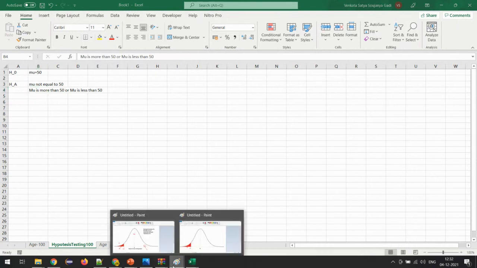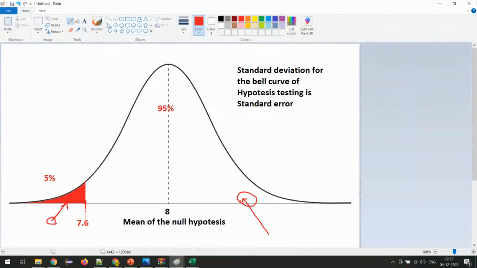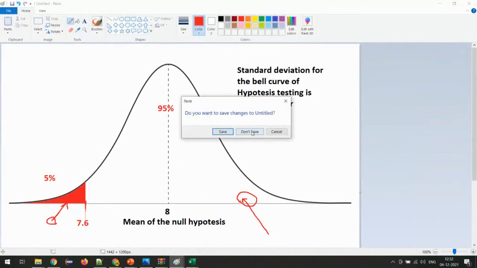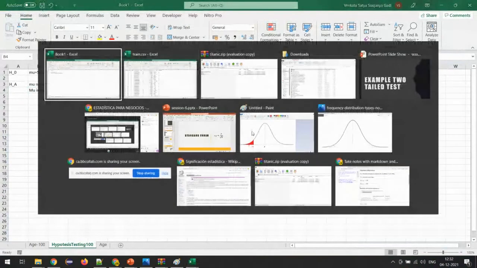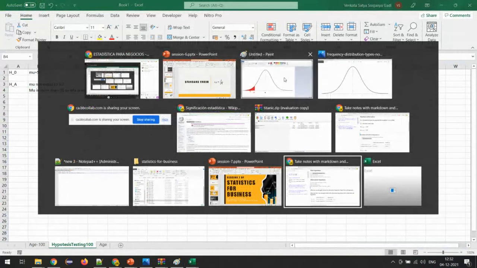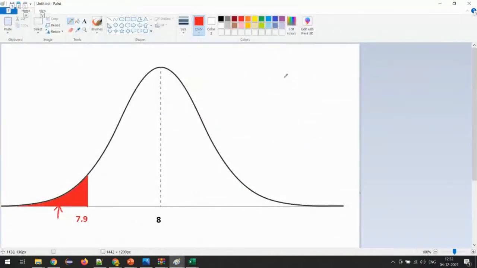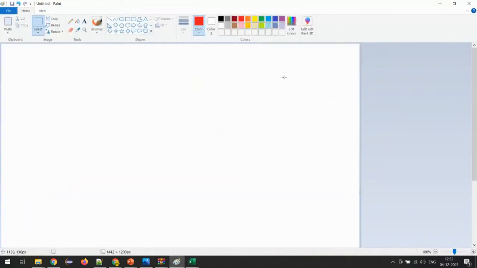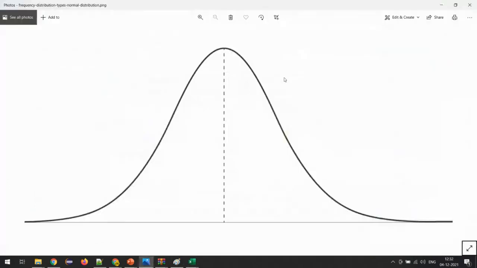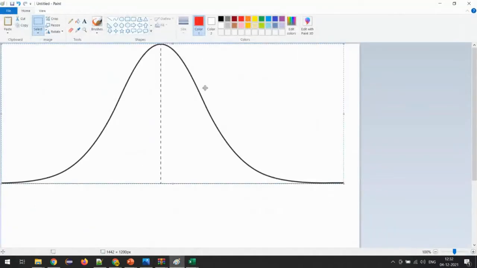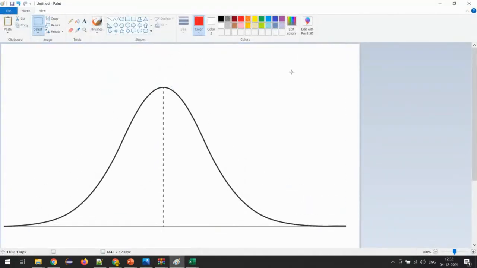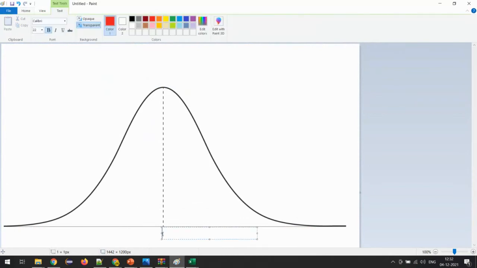So let me draw this. Okay, so the average age, we know the null hypothesis is 50. So we say 50.